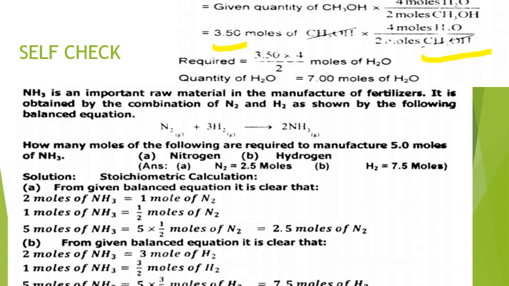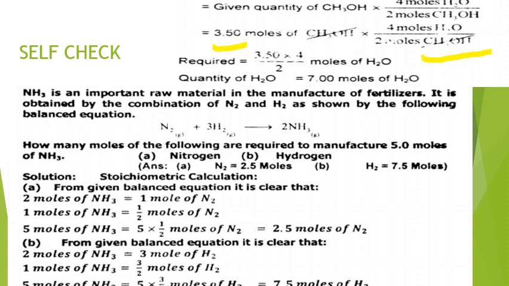So we get 3.50 multiplied by 4 upon 2 moles of water. So it will give you 7 moles of water, which will be your answer. This is how to use mole ratios in stoichiometric calculations.